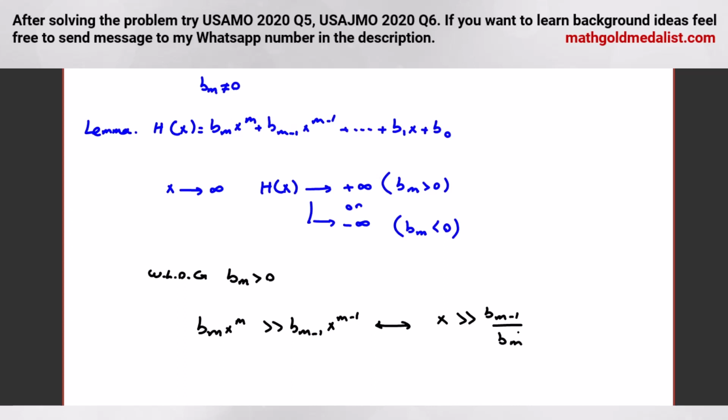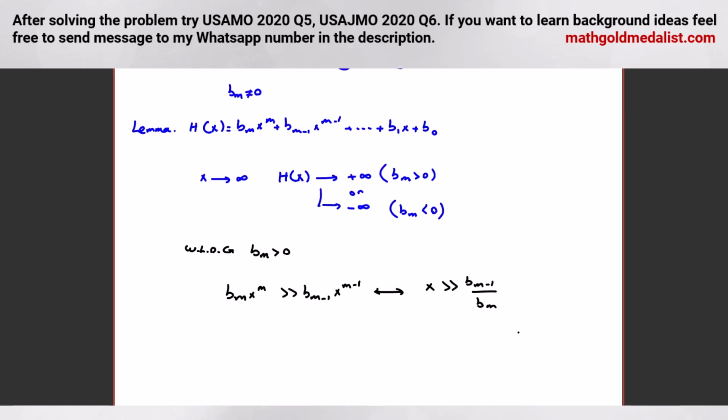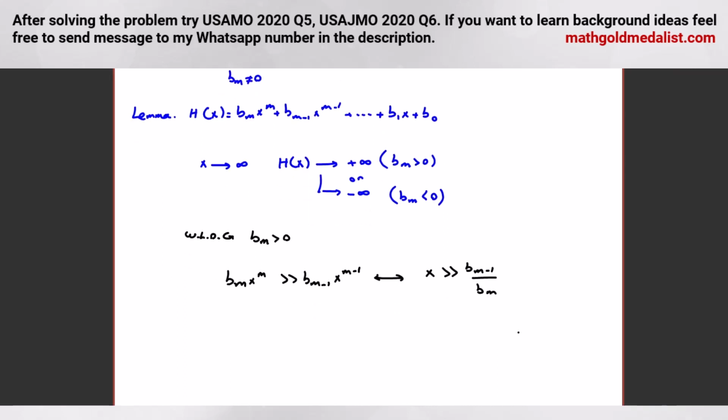Yes. So we can say, for example, x greater than... because we need some part of this to be greater than this, some part of this greater than the next term, right?